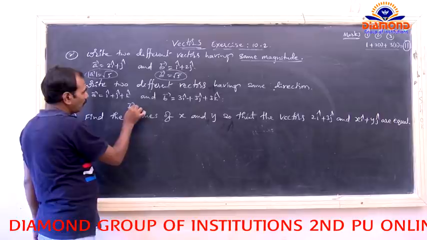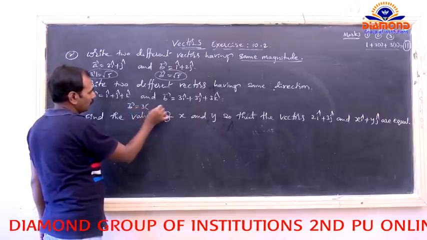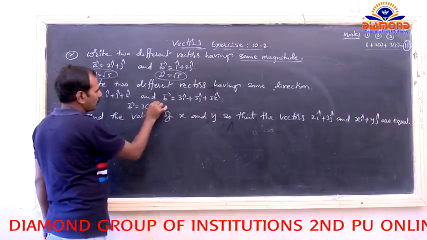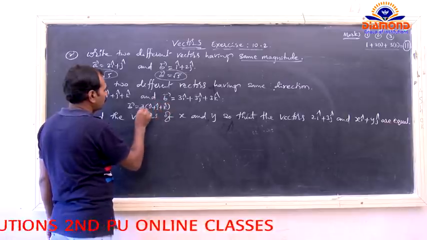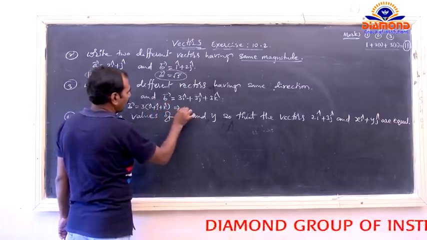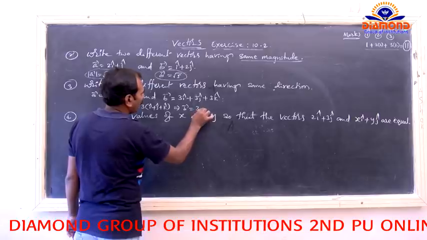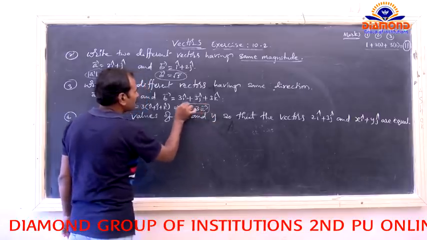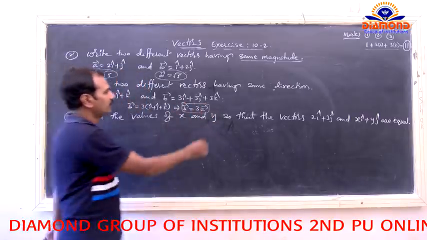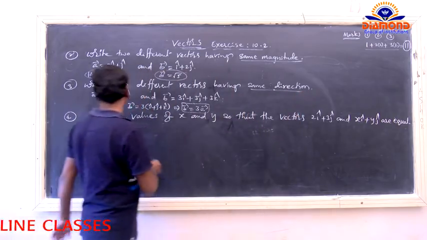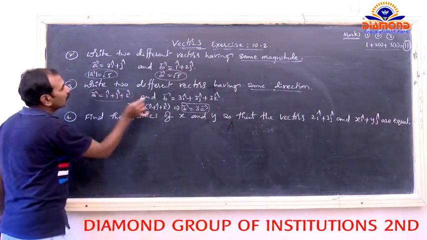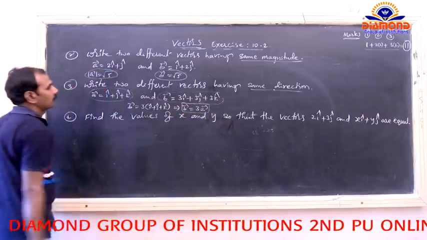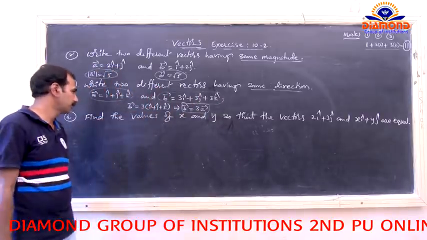So B bar equal to 3 times i cap plus j cap plus k cap. It means B bar equal to 3A bar. So it is same direction vectors. Same direction vectors are A vector and B vector. These both are different vectors but same direction.